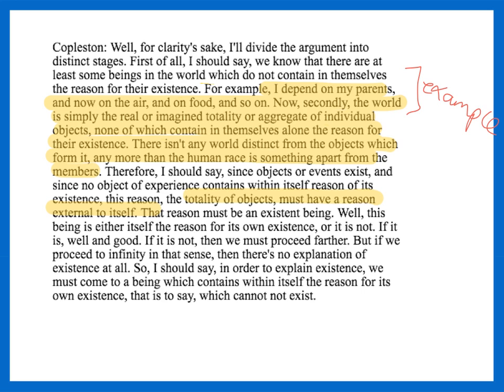And then the parts that I've put in yellow I think are quite useful to know, because they'll become relevant for Russell's criticism about the fallacy of composition. And what we can see here is because Copleston uses the reference to human race, is why Russell uses the human race as an example for the fallacy of composition.